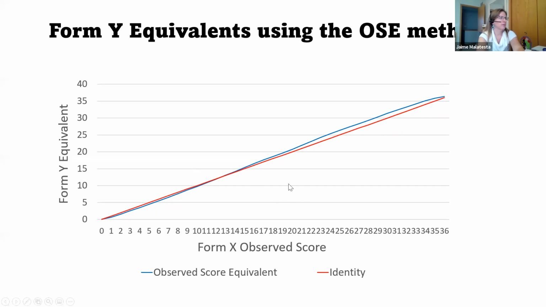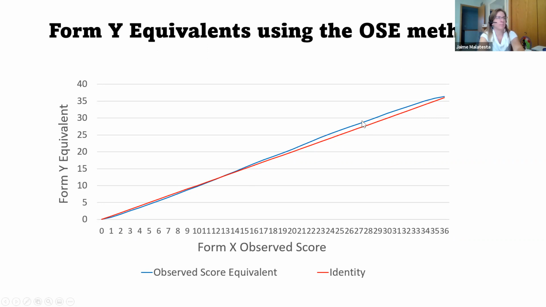You can see here the blue line, which is the actual observed score equivalents using IRT observed score equating. They're slightly above the identity line for examinees who scored roughly 16 or 17 or higher.